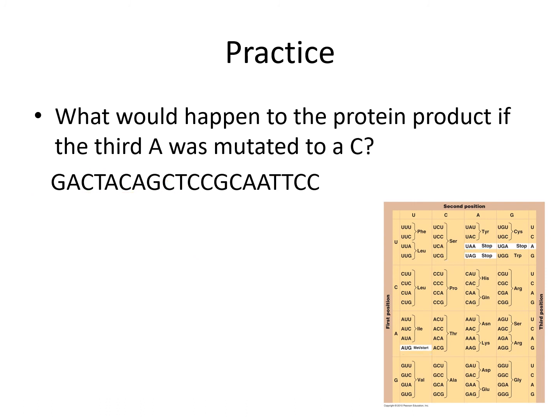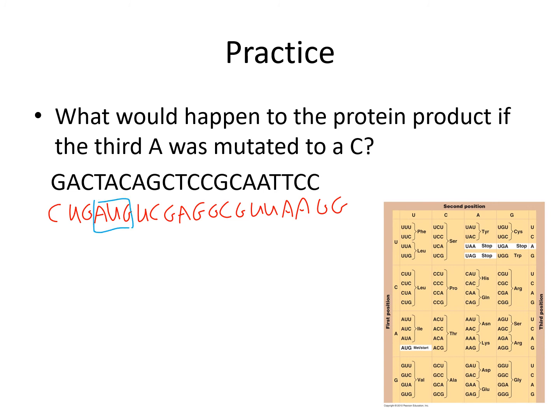Another practice problem using the same sequence: what would happen to the protein product if the third A was mutated to a C? And again, finding the normal protein, complementary base pairing into RNA. So this would be C, U, G, A, U, G, U, C, G, A, G, G, C, G, U, U, A, G, G. And again, we looked for that start codon.